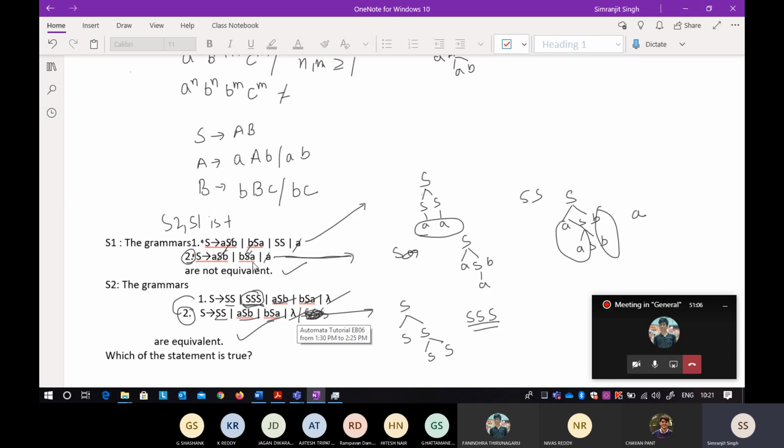If you go with one string at a time, it will be a little difficult, but if you understand the pattern of what is going on and what exactly is remaining, and whether it is derivable from the other grammar.